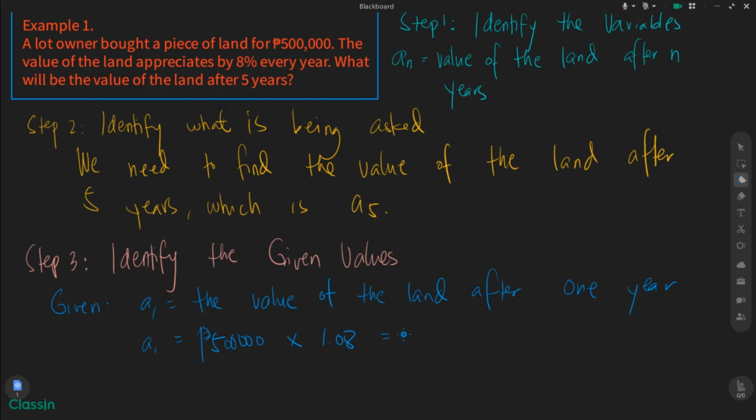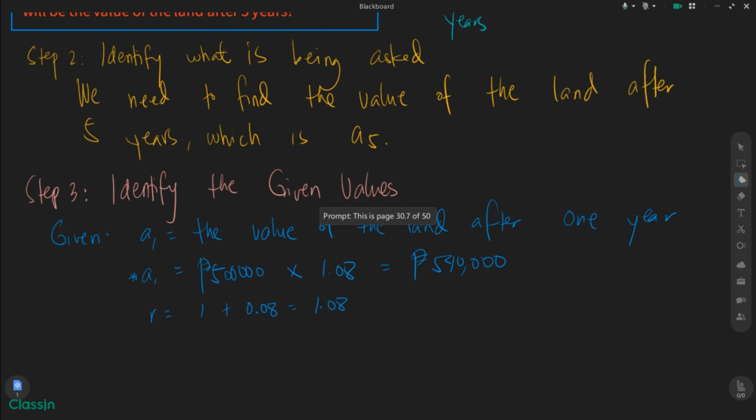So with that, the first term is 540,000 pesos. And the next given is the rate, which is 8%. So if we put the 100%, that would be 1.08. And for the n, the 5 years, or 5.